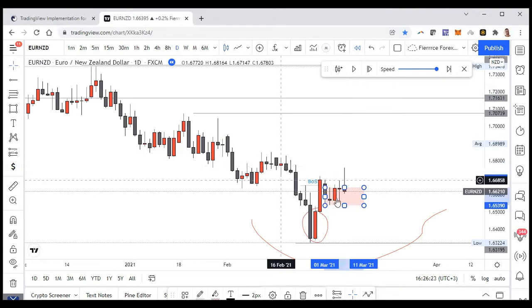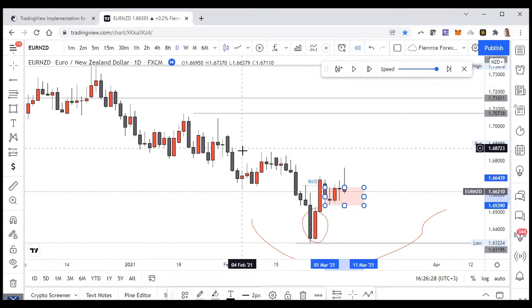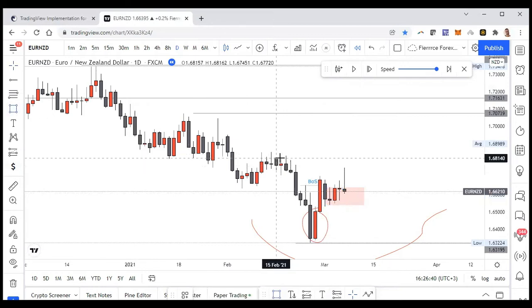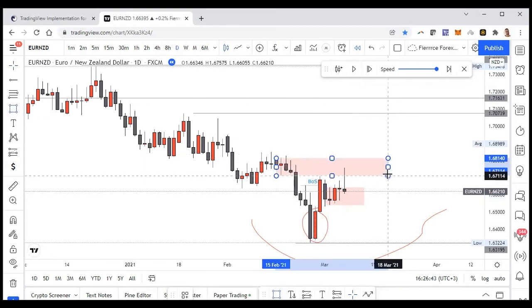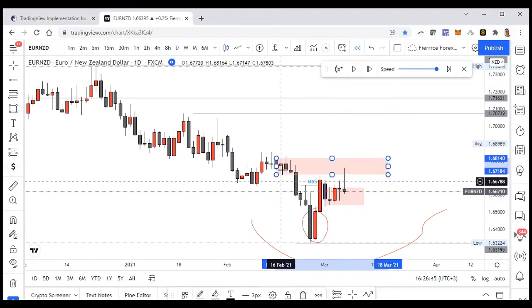Why did it reject? Someone would argue it got to a resistance, either here or here or here. In this case, maybe here. But what I want you guys to notice is that it actually rejected off of a supply zone, the last up move before the down move.